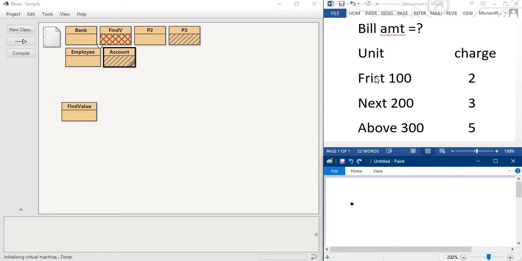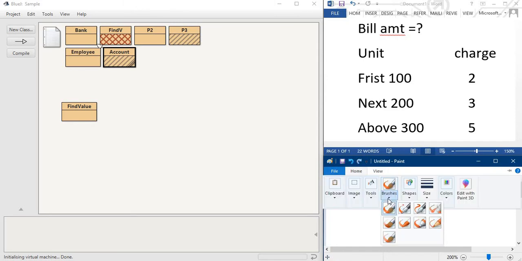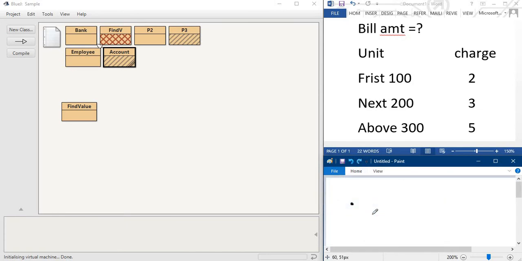Now when you get this type of question, first draw a straight line.